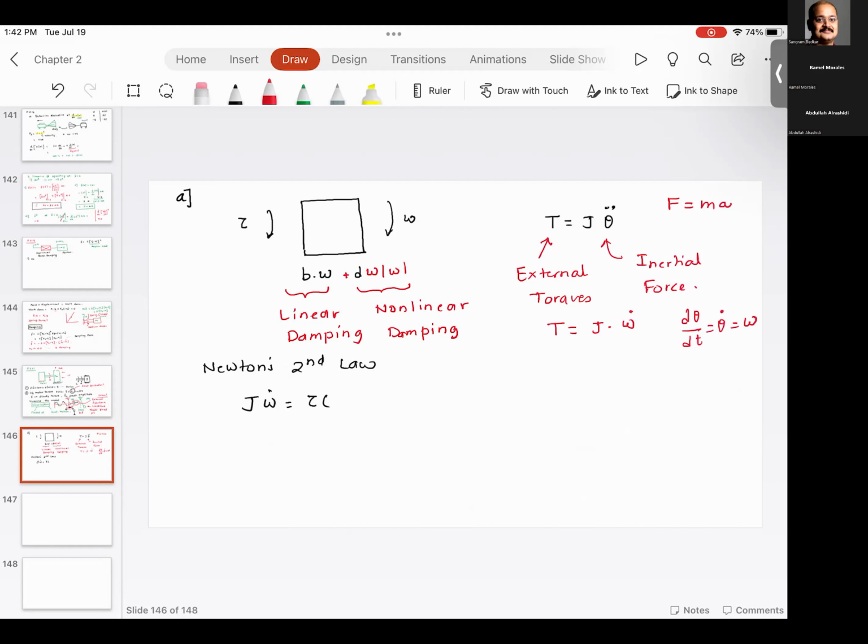Now, something subtle, but I just want to tell you that this equation is in the second order form. But by changing the variable, I converted this equation into first order form.